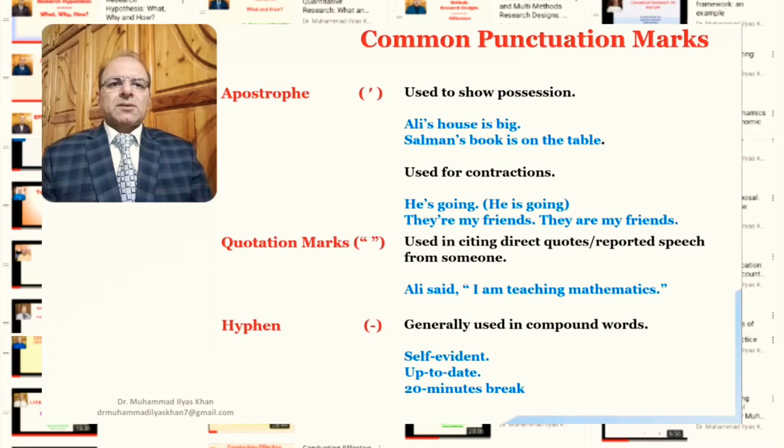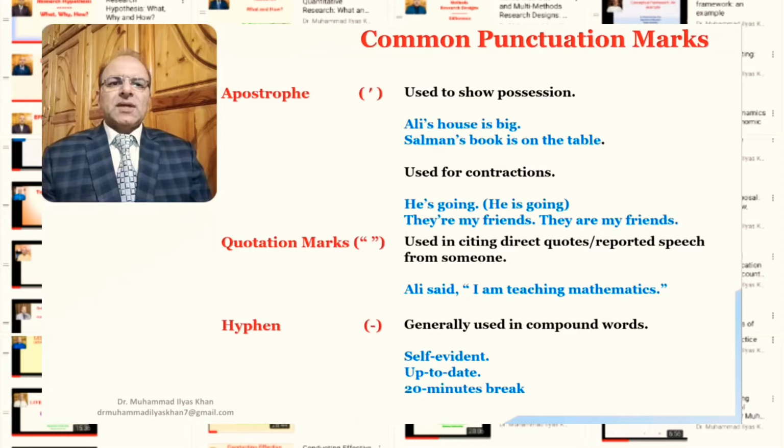Quotation marks, as you can see in front of it, inverted commas or quotation marks, are used in citing direct quotes or reported speech from someone. So when we report what someone says in their own words, we make use of quotation marks.